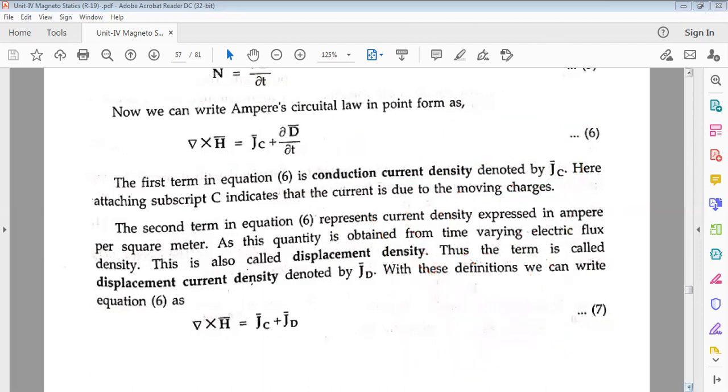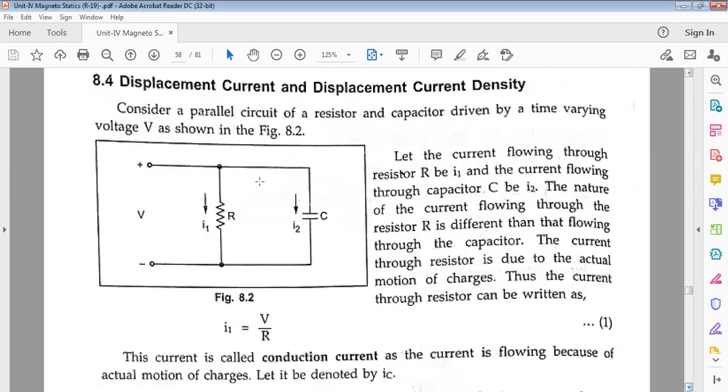The next topic: displacement current and displacement current density. Consider a parallel circuit of a resistor and a capacitor driven by a time varying voltage V. Let the current flowing through the resistor be I1 and the current flowing through the capacitor be I2.